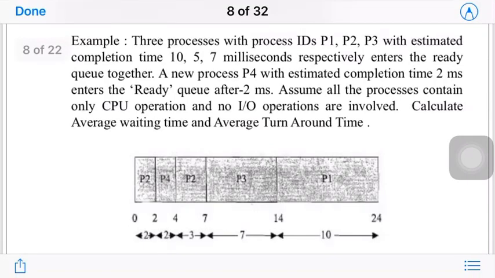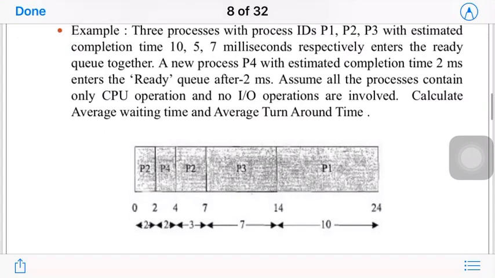So assume all the processes contain only CPU operations and no IO operations are allowed. So all are waiting for the CPU only. Okay, calculate the average waiting time and average turnaround time. So first we need to understand how to draw this particular diagram, where we can easily check how much time each process is taking and in what sequence the processes are getting executed.